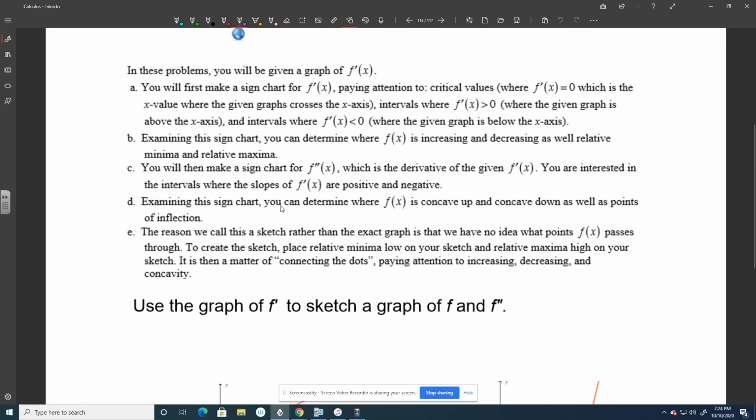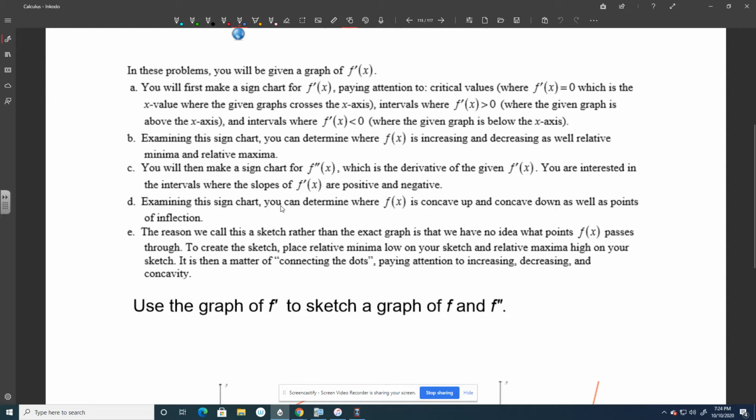And we're going to look at that graph and try to pull information from it and try to recreate a sketch of what f might look like, as well as what f double prime looks like. So quick rundown of what you do. First, you're going to make a sign chart.